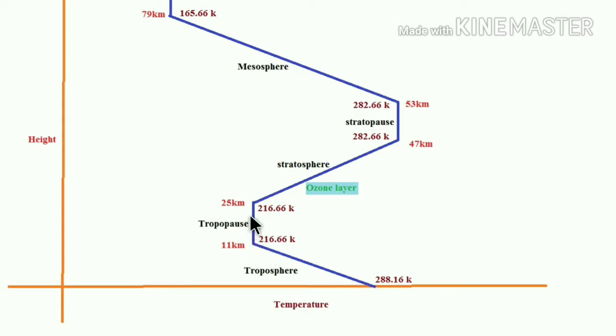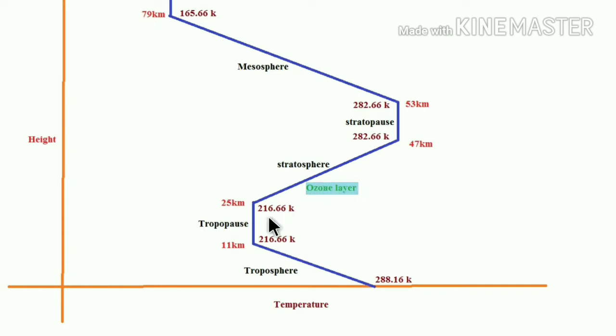So the next will be stratosphere. Stratosphere is from 25 kilometers to 47 kilometers. In the middle of the stratosphere we can see the ozone layer, situated around a height of 28 kilometers.